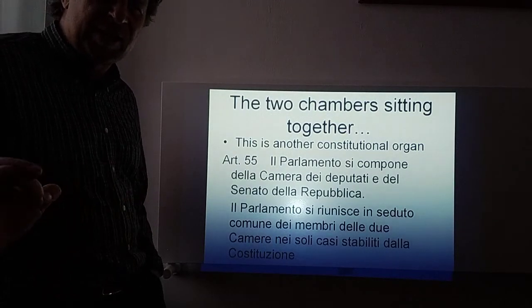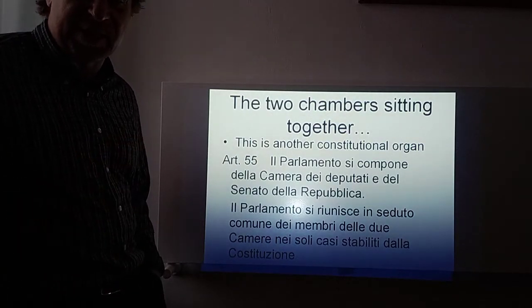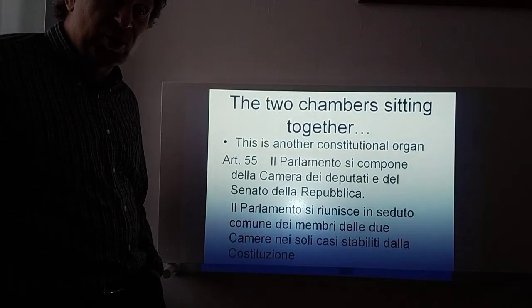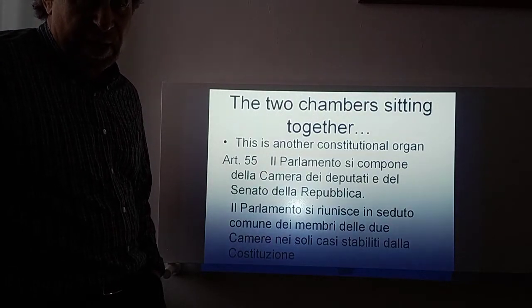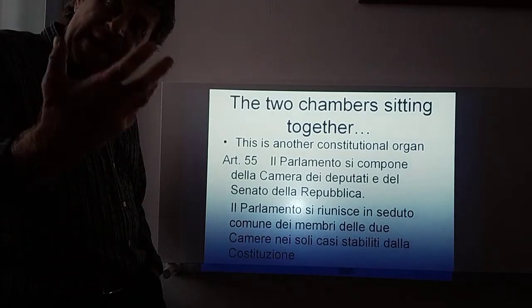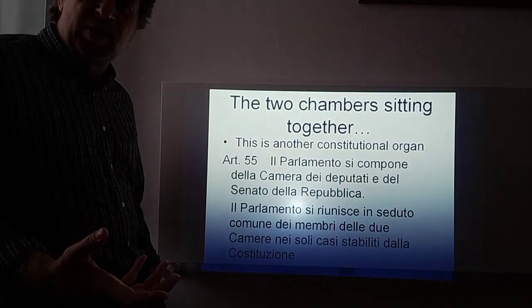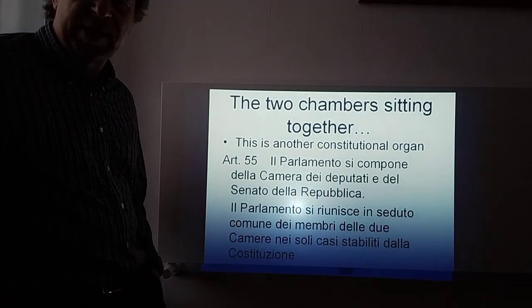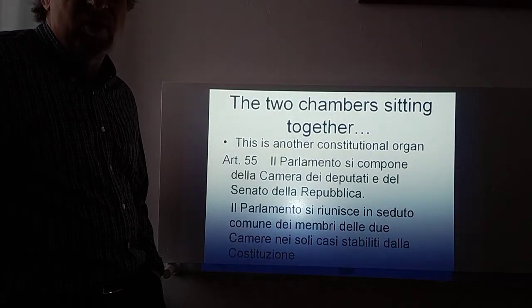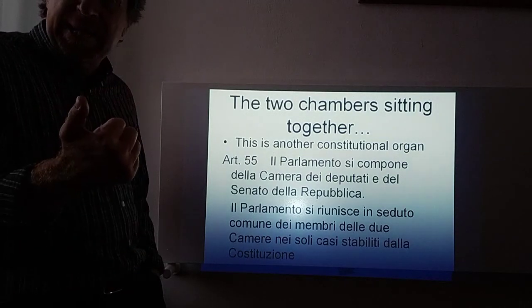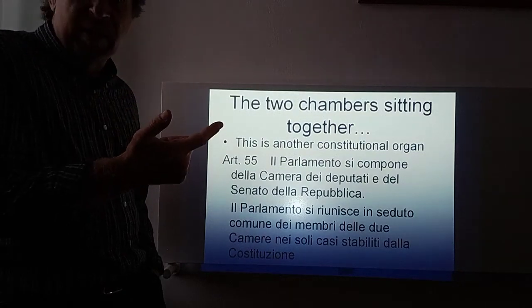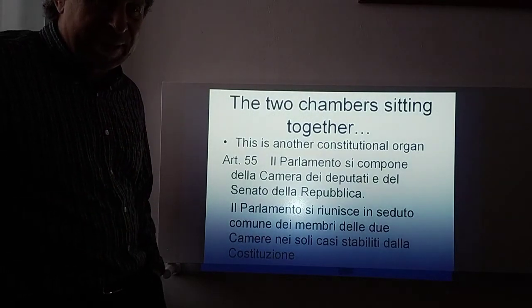Normally it's never legislative, so in seduta comune they're not making laws or deciding on laws. They are electing or judging the President of the Republic.